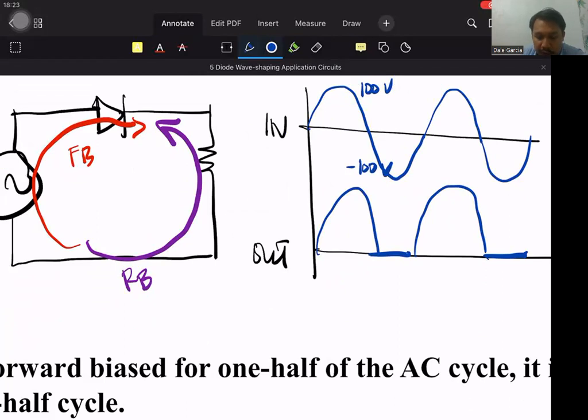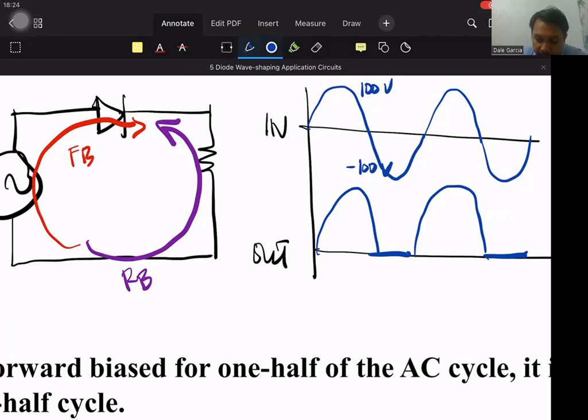But it's not always the case in the negative half cycle. It doesn't mean that the diode can pass this value in the positive cycle, it will always allow the negative value in the other cycle. That's not necessarily the case.